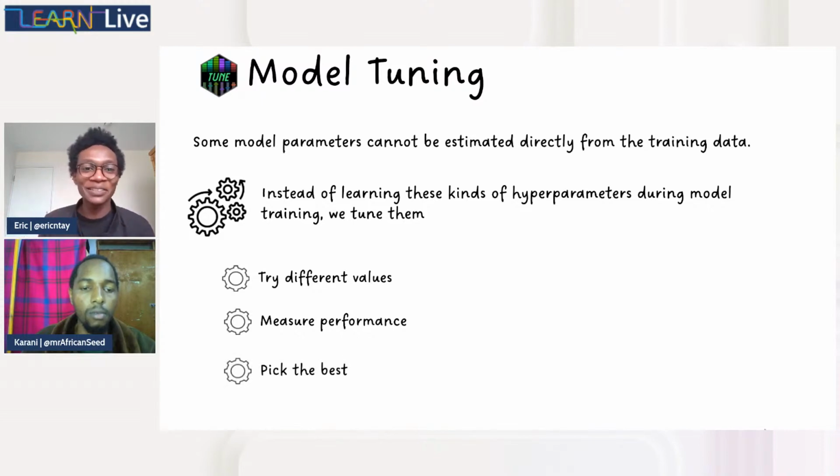So that's what model tuning is: trying out different models, measuring their performance and picking the best. There's really no big magic in that, and tidymodels provides a nice interface for you to do this. These are some of the ways we'll try to improve our previous model performance.